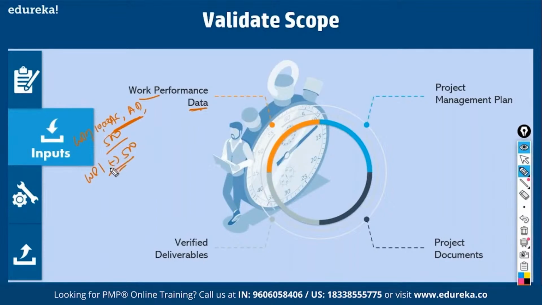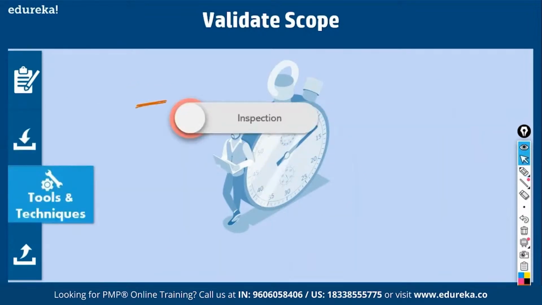So basically, when you validate scope, the customer will ask you for test data that you have to provide. Then with all this, what happens? The customer inspects. Who does the inspection? The customer does the inspection, right? He inspects the results, and takes a decision whether sign off can be given to this product or not. That is called decision making.